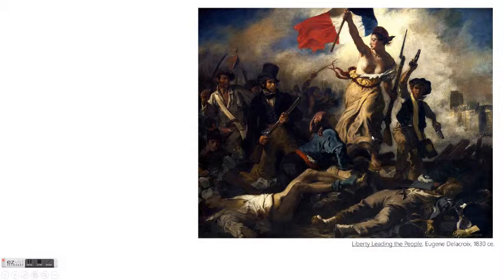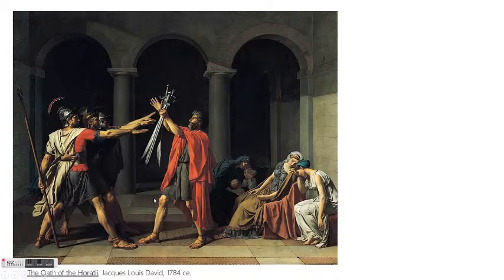Obviously, this woman here, the symbolic representation of liberty, is not based on any actual person, but instead represents the idealism of France and France's belief in liberty and equality. Is there anything else that I should mention about this work? I think that's pretty good.